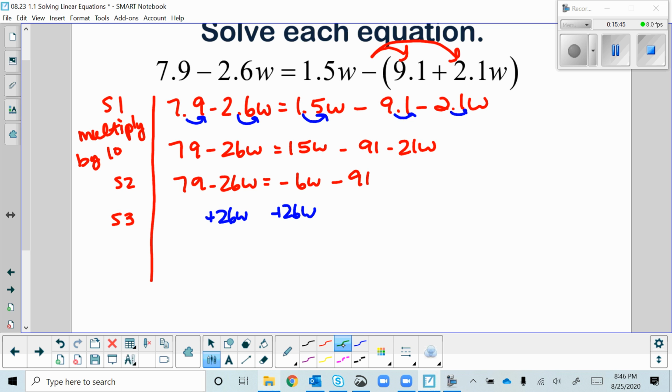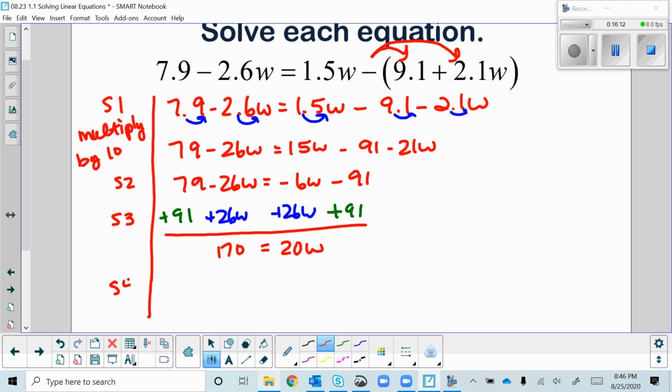That means moving negative 91 to the left by doing the opposite, which is plus 91. And that gives me 20W on the right and 170 on the left.